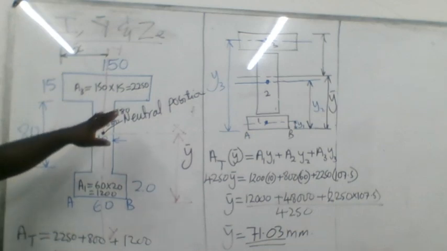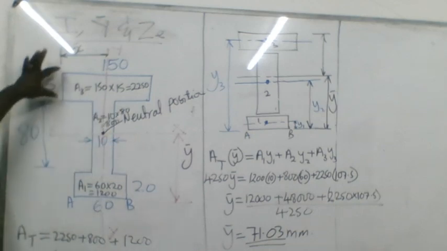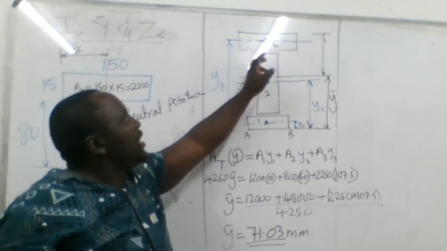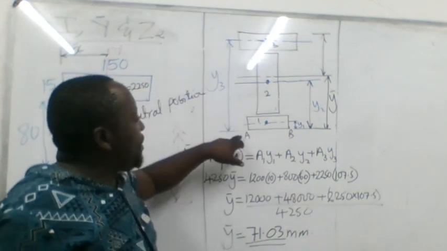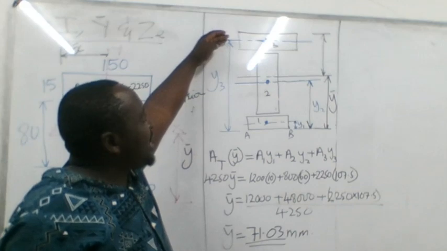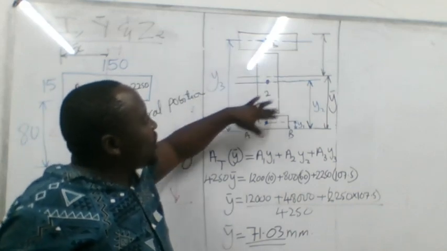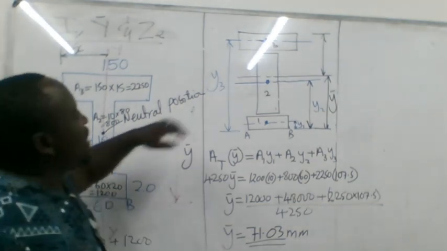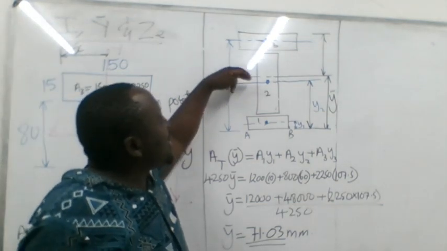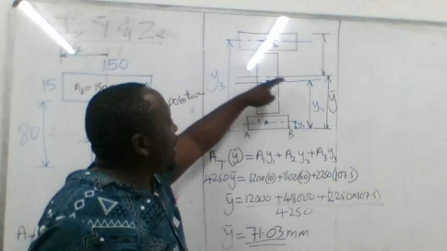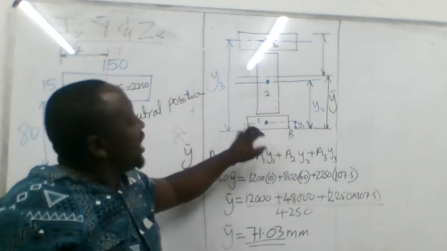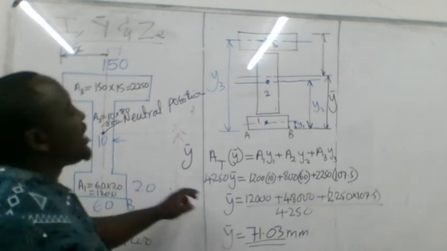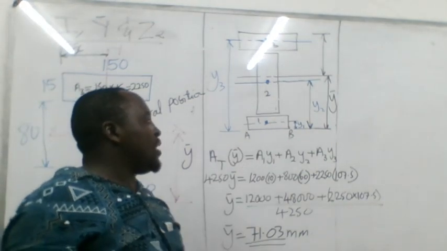So when you are solving this y bar, take the area of this, which is this one, times the distance from AB, from its center; area of this one, which is this middle position, times the distance from its center from AB; then area of this strip, the bottom one here, times the distance from AB.